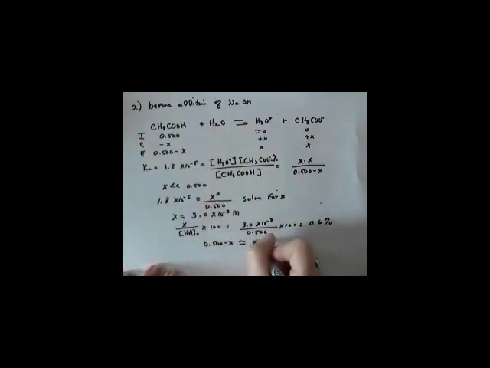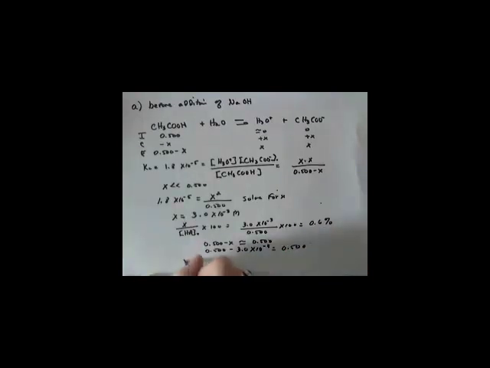Another way we can check this assumption is what we're saying is that 0.5 minus x is approximately equal to 0.5. So 0.5 minus 3.0 times 10 to the negative 3 is going to give us about 0.5 molar.